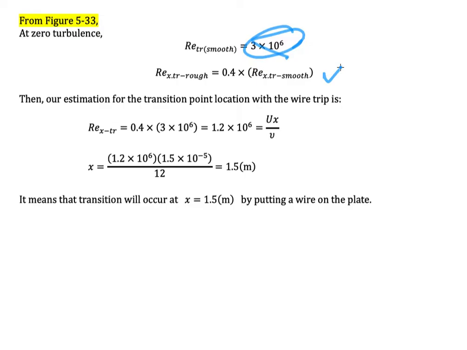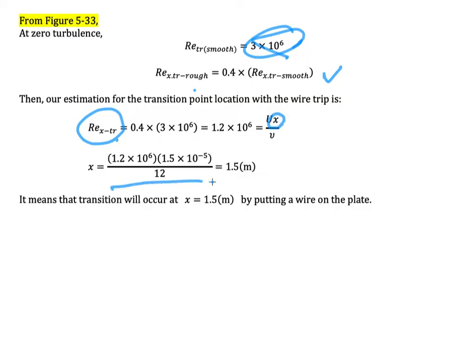After you get the location of the transition Reynolds number here, we could reverse the calculation to find the location of x.